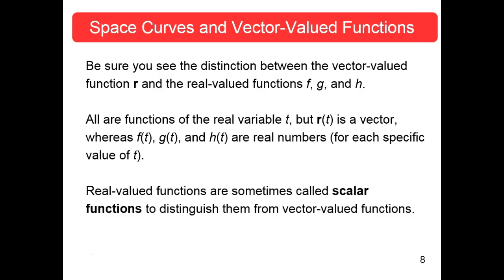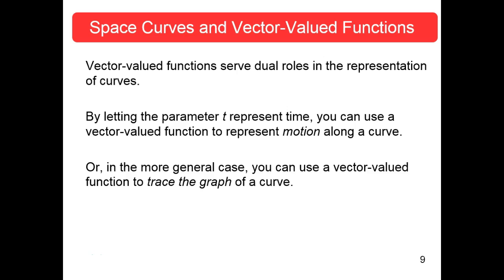Put in a t for r, and you get a vector out. These real valued functions are called scalar functions to distinguish them from vector valued functions, because they have no direction associated, just values.